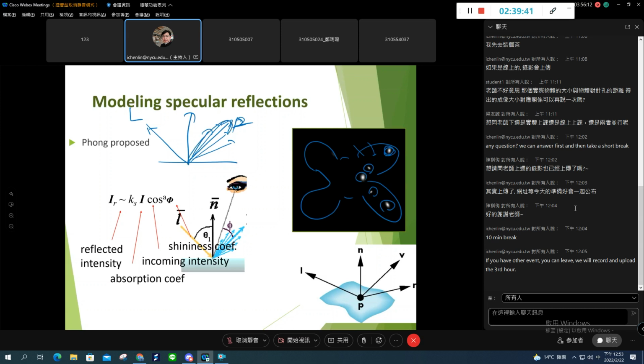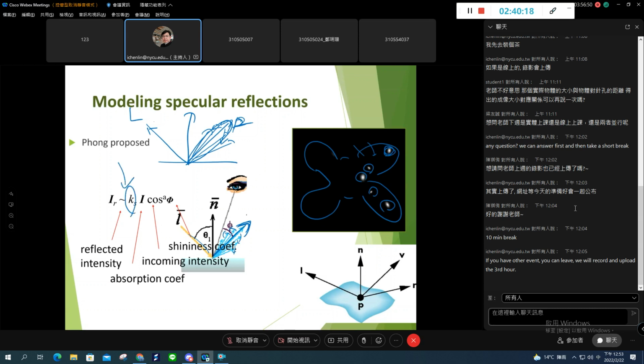It can represent the fading out of the light. When the light is at the brightest point here, it will gradually fade out and become non-visible, right?